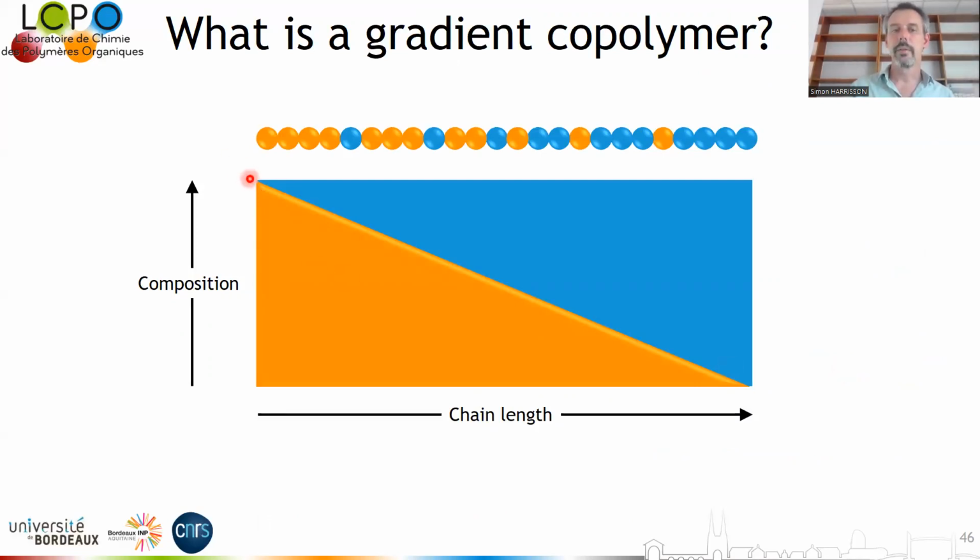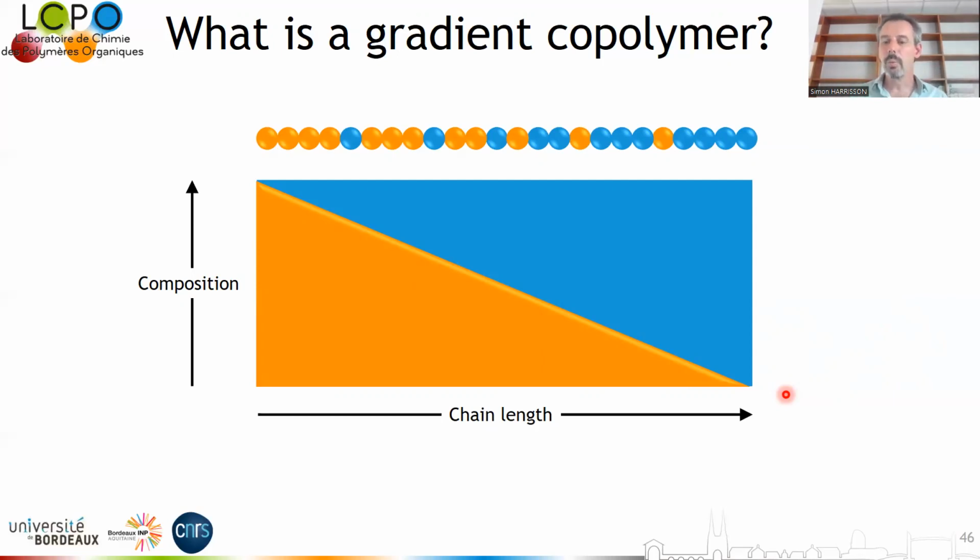So in this simple case of a linear gradient copolymer, we're going to pass from 100% monomer A to 100% monomer B. But that simple picture runs into a problem straight away, because in a single chain, you can never have a position that is 30% monomer A and 70% monomer B. It's a discrete system which is either one or the other.